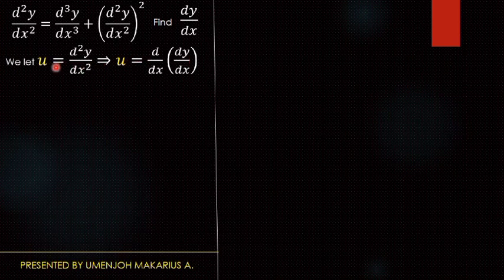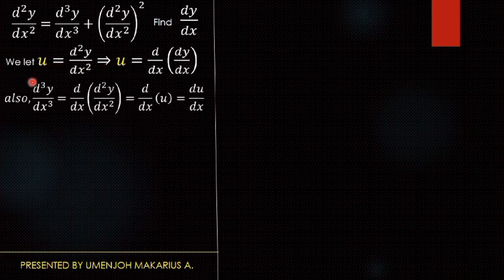Also, I know that d cube y by dx cube is given as the derivative of the second derivative of y with respect to x, and this d squared y by dx squared here is simply u, because it was exactly what I assumed initially. So this is now going to be d by dx of u, which is given as du on dx.